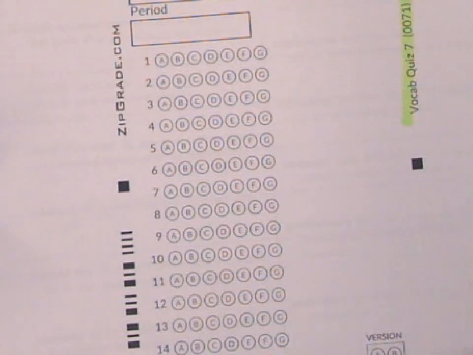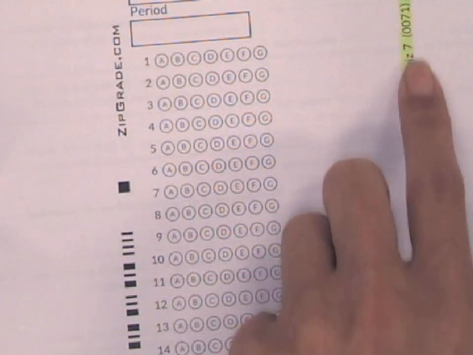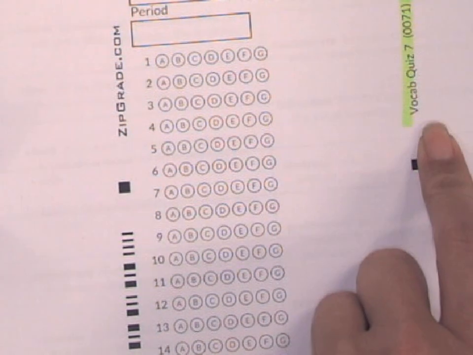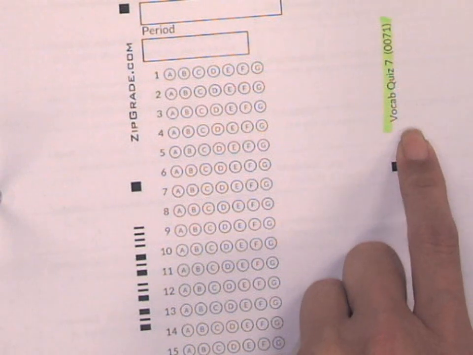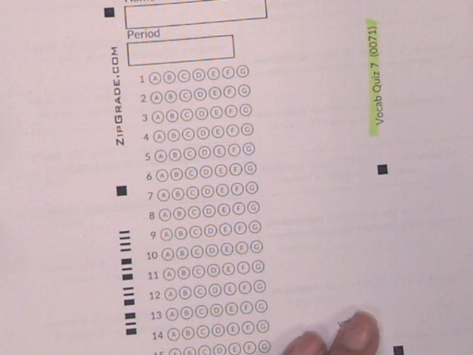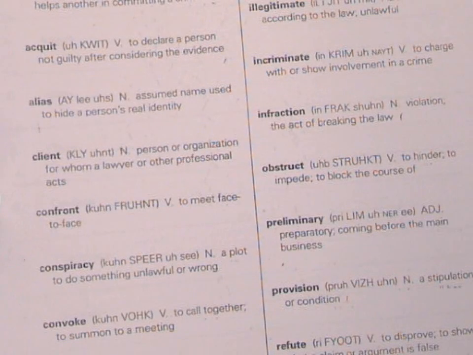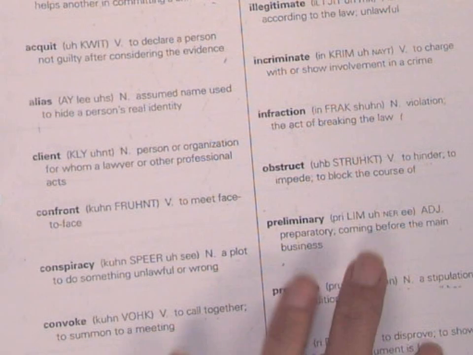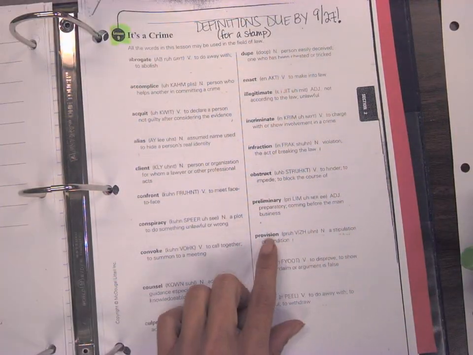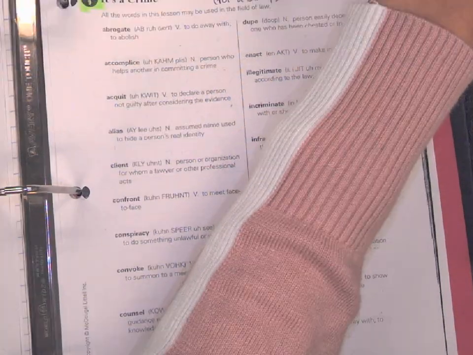Okay, number 10 on your table of contents is the quiz for vocab 7, and if you look off to the side, you can see it says vocab quiz lesson 7. So that will help you find that paper if you can't find it. Okay, number 11 on your table of contents is vocabulary list lesson 9.